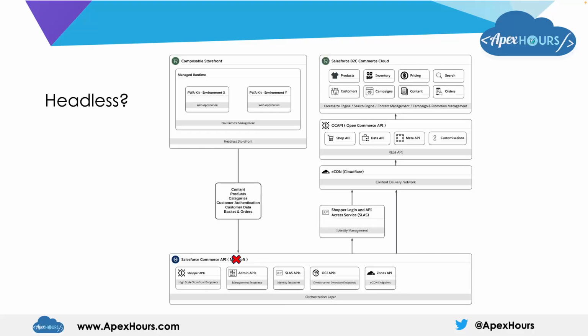And in this case, our PWA kit, which is our headless front end. And that fetches our data from the backend, Salesforce B2C Commerce Cloud, and that's where our data lives, our products, our inventory, our pricing, customers, etc., so that they can be made available to our headless storefront. Now, the B2C Commerce Cloud one has been simplified because behind the scenes there are a few services still operating.